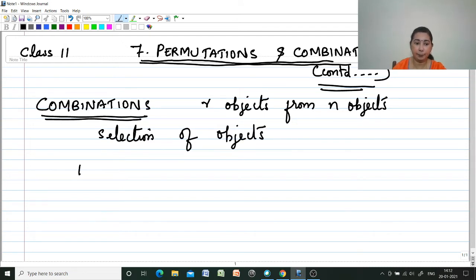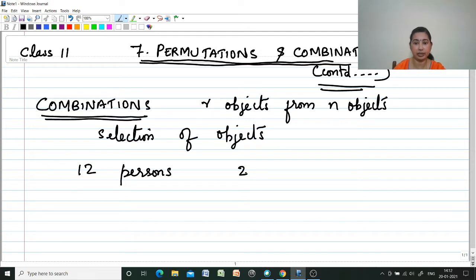There are 12 persons in a room. They are shaking hands with each other. So how many shake hands will be possible there? 12 persons are shaking hands with each other. For one shake hand we need 2 persons.